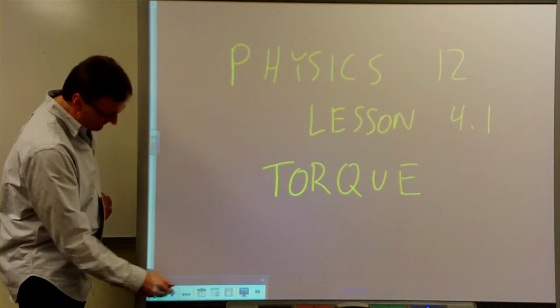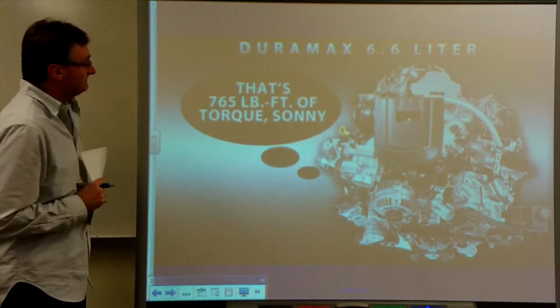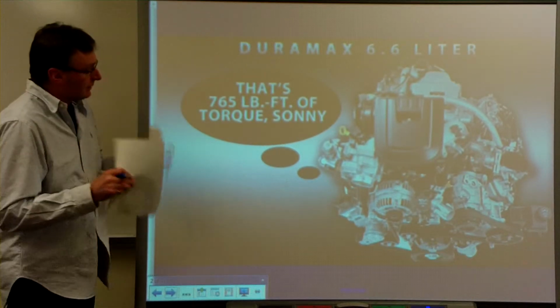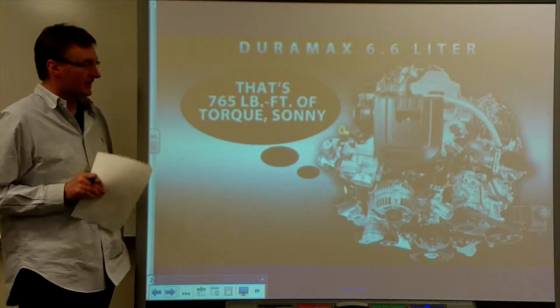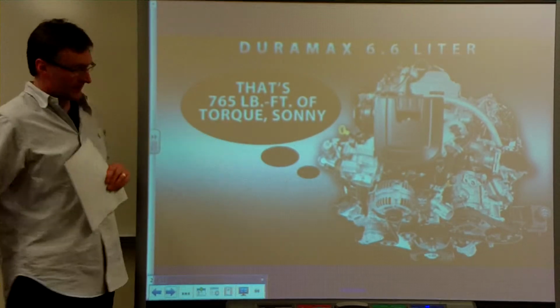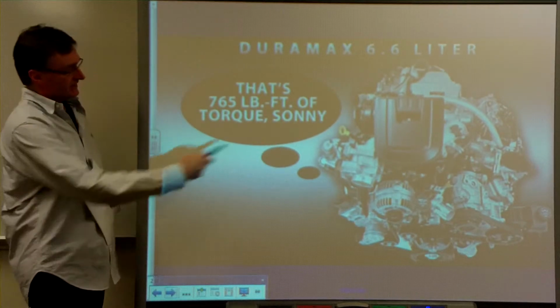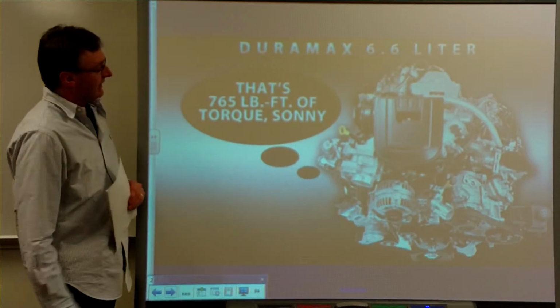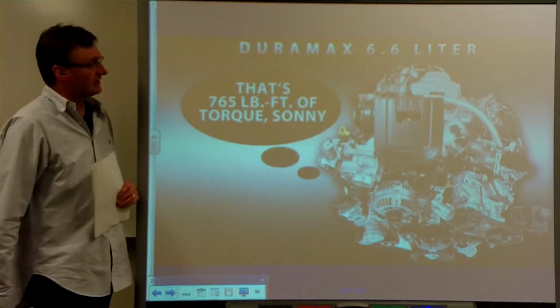You hear the term used quite a lot when you see advertisements, especially with pickup trucks and the size of their engines and how much torque they produce. And of course, here's a typical ad of, I think, a Ford diesel engine.